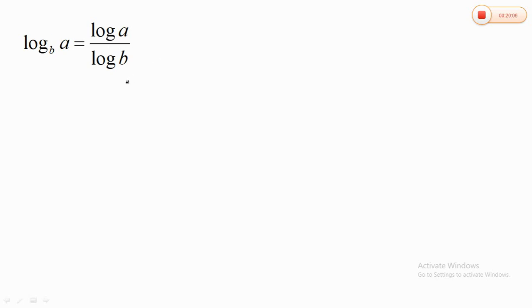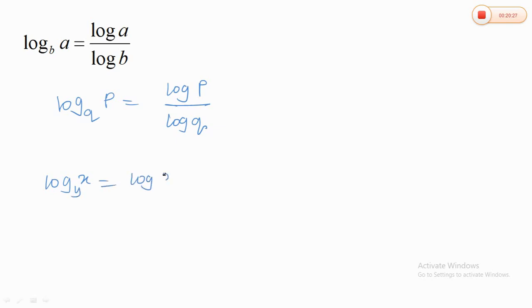So if we write log of p to the base q, this equals log p divided by log q. Or similarly, log x to the base y equals log x divided by log y. In that sense, we have to use it.